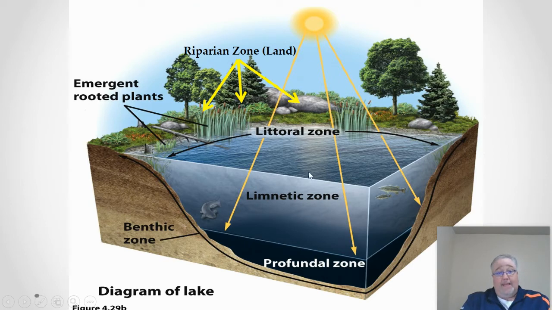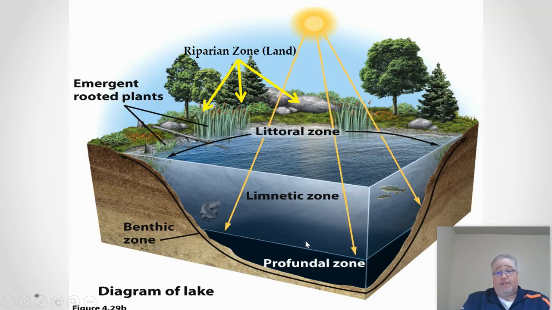You get out a little bit deeper, and you get out into something called the limnetic zone. In the limnetic zone, you're not going to see any emergent vegetation. Instead, what you'll have in this area is a lot of algae, a lot of aquatic plants that don't have to root themselves, so they're free floating algae. The limnetic zone goes pretty deep.